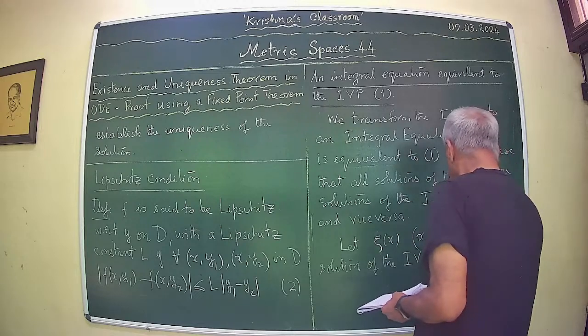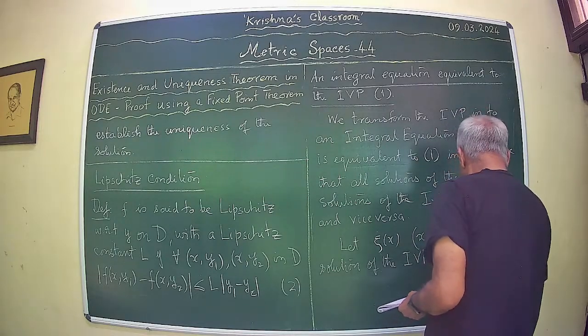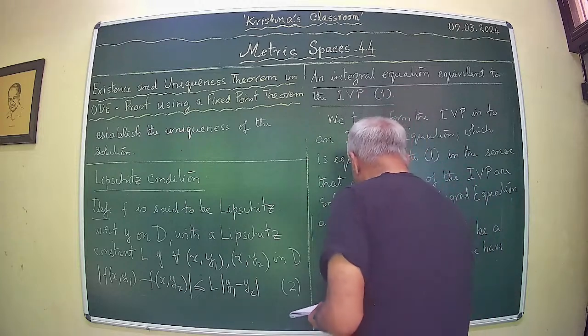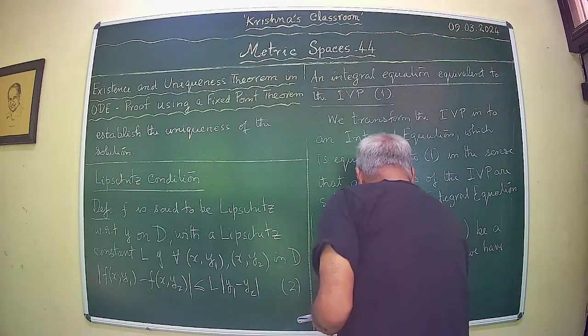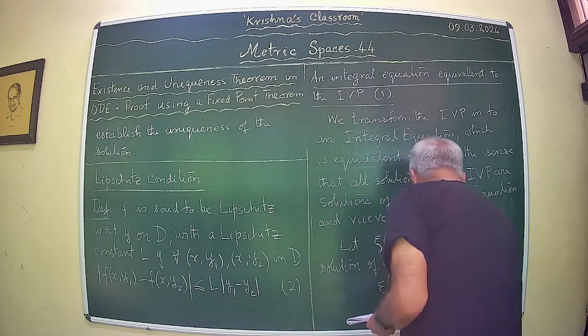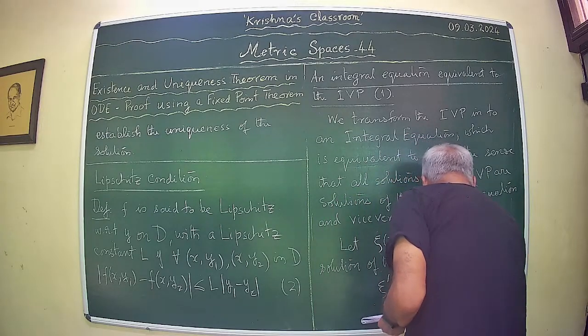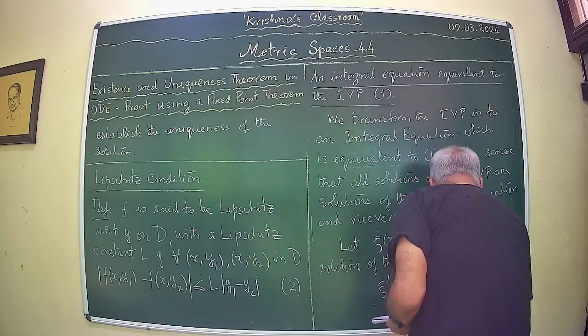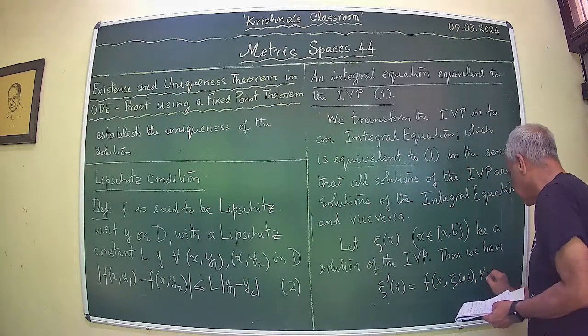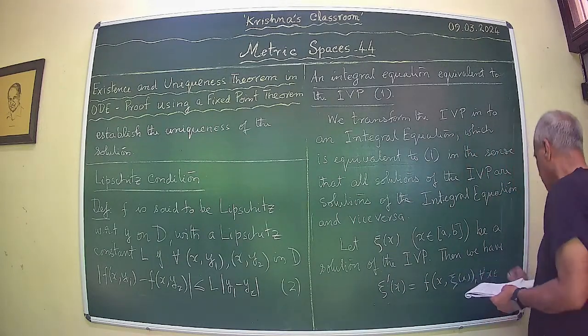Then we have psi derivative of x equal to f(x, psi(x)) for every x belonging to AB.